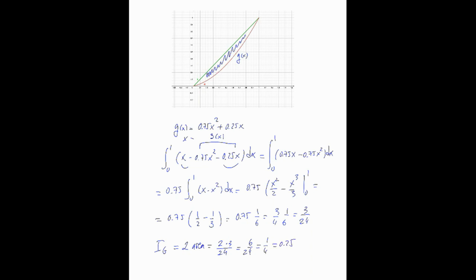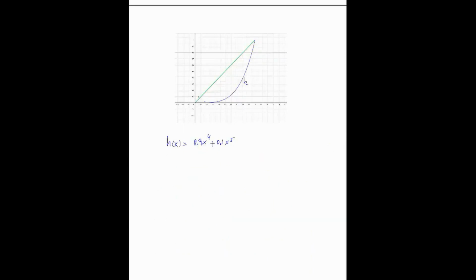Let's look at our last example. Our function is obviously more unequal than the previous one. We have more area here, and we compute this area. So the area will be the integral from 0 to 1 of x minus 0.9x to the 4th minus 0.1x to the 5th dx.